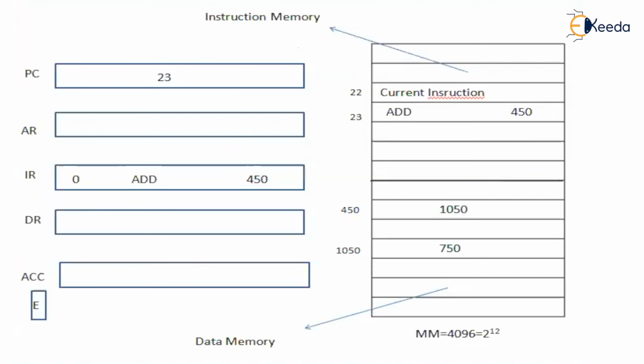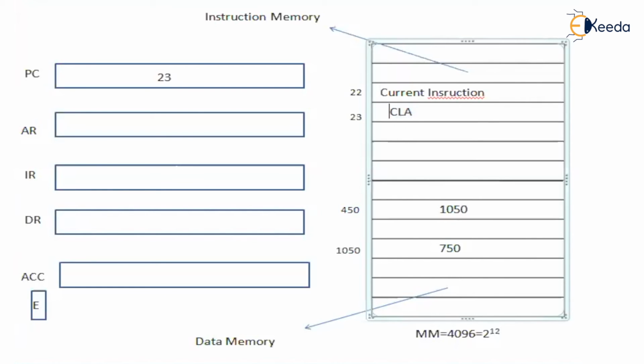For an example, let me go back. Let me erase all these things. Let us say there is an instruction, CLA. What is CLA? CLA stands for clear accumulator.